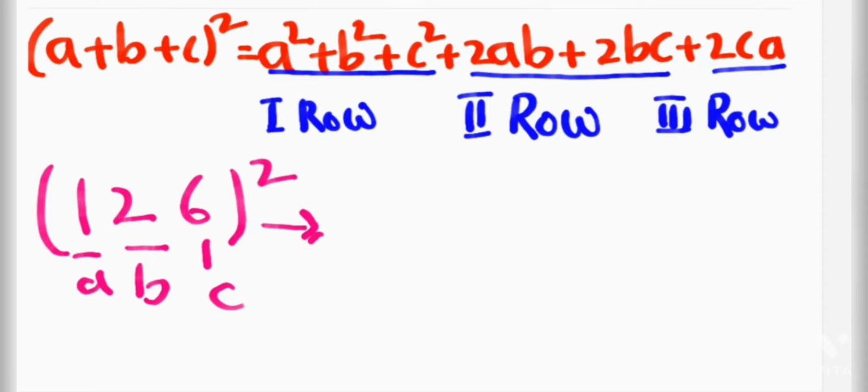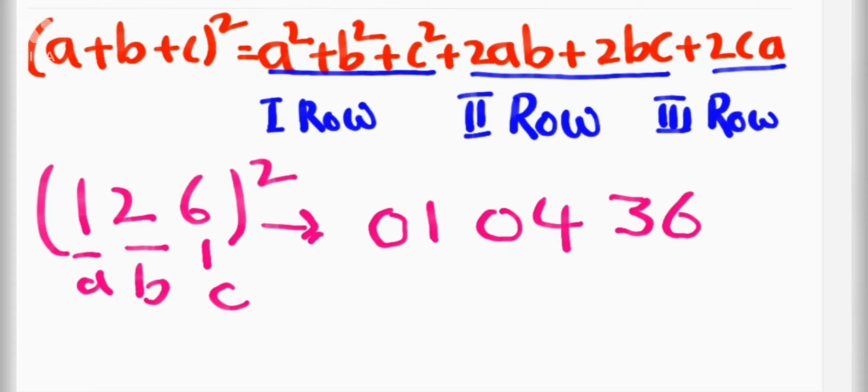Okay, now a square means 1 square, 1. We have to write 0 1 because we have to write 2 digits. Next b square is 2 square. We have to write 2 digits, so we have to write 0 4. Next c square means 6 square. 6 square means 36. Since it contains 2 digits, we have to write as it is.